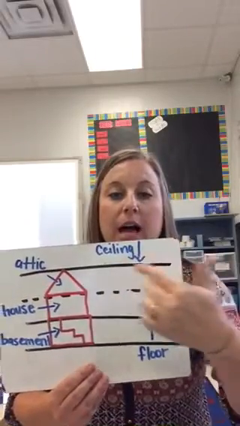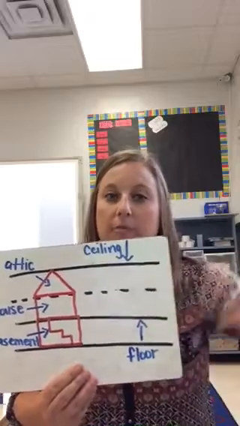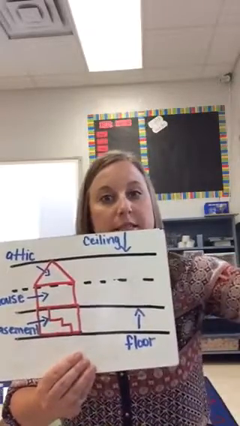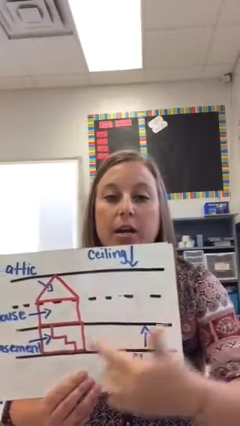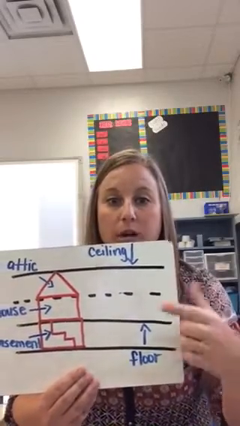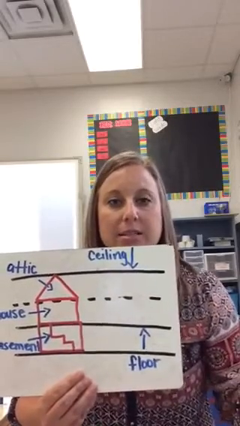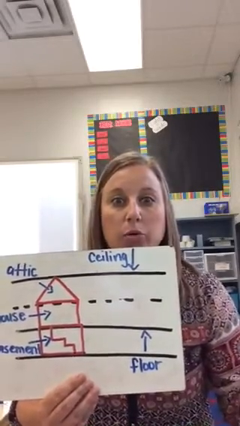The top line of the house is the ceiling, because if you look up, the very top is called the ceiling. And the bottom of the house, in your house, you have a floor, so I call that the floor. That way they can relate it back to something in the real world.